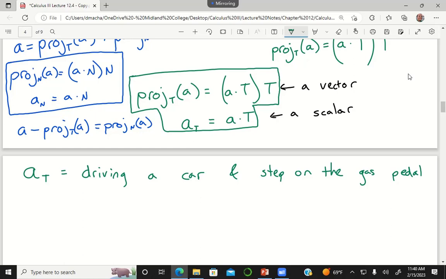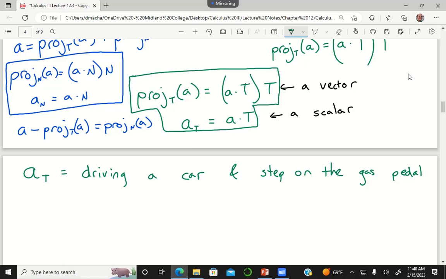Let's say our object moving through space is your car moving through space. If you really step on the gas pedal, the acceleration that you're feeling is just making you move faster. It's increasing your velocity in the direction you were already traveling. That's like stepping on the gas, and then your car throws you back into your seat and you start going faster. That is what is meant by the tangential component of acceleration.